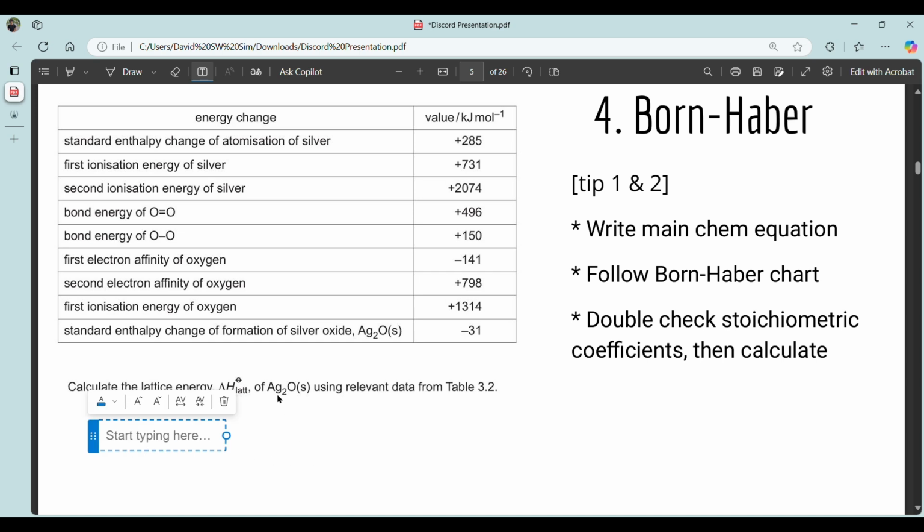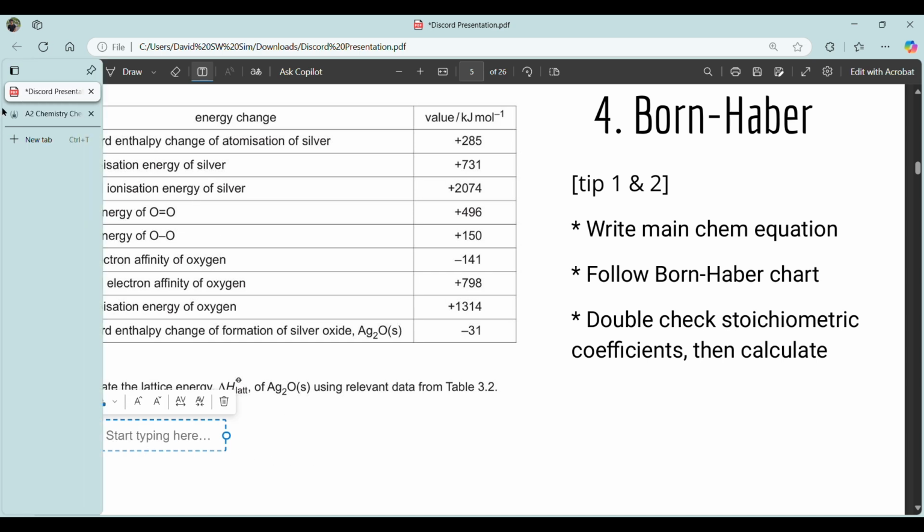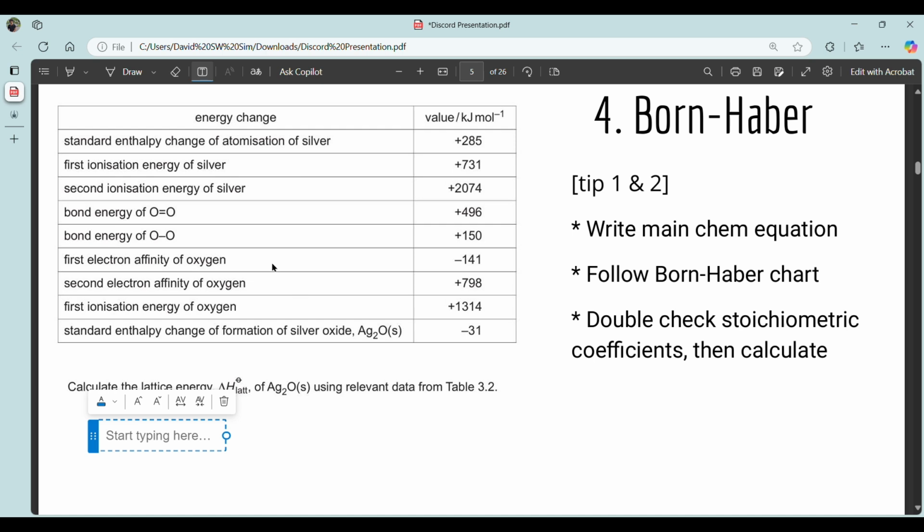Okay, so first off, we need to have the atomization of the metal. The metal in this case is silver, all right? But enthalpy change of atomization. Look, we have Ag2, we have two silver atoms. So we need to multiply the enthalpy change by 2.